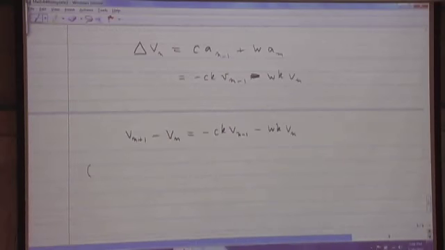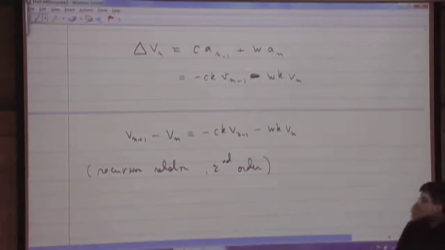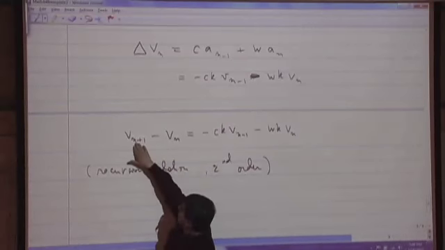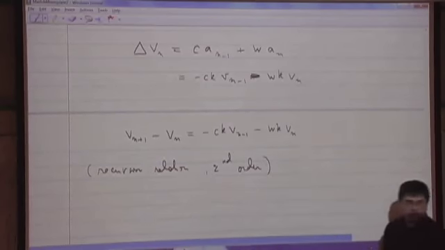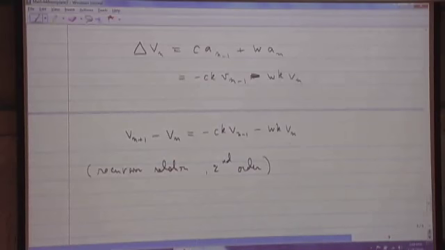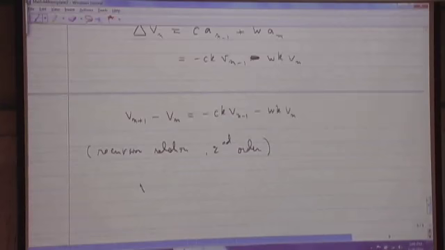Which is really a recursion relation, a second order recursion relation, because you can use this equation to find the new velocity if you know the two previous velocities. So that's why we say it's second order. So in other words, we can put v_{n+1} equals 1 minus wk v_n minus ck v_{n-1}. Okay?